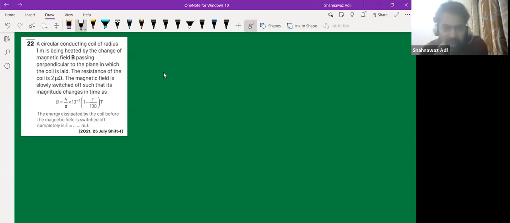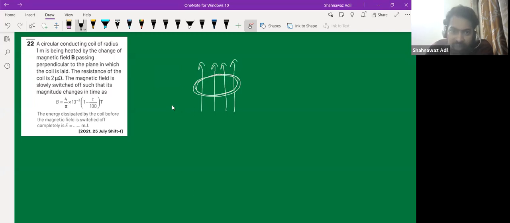Correct. You have a circular coil, and it is being heated by the change of magnetic field passing perpendicular. The magnetic field is slowly switched off, and it is changing in this way. So what is changing?